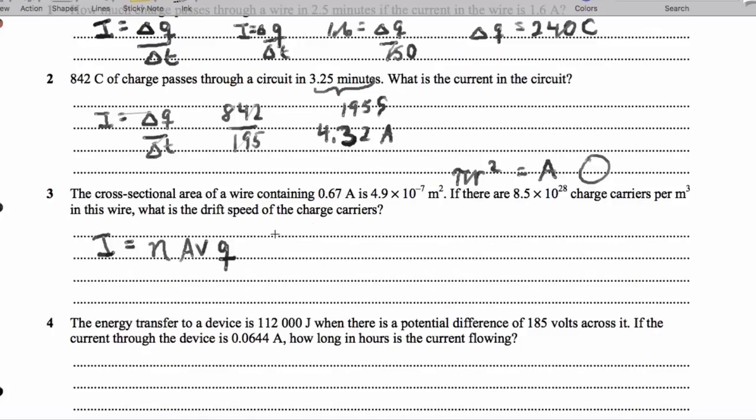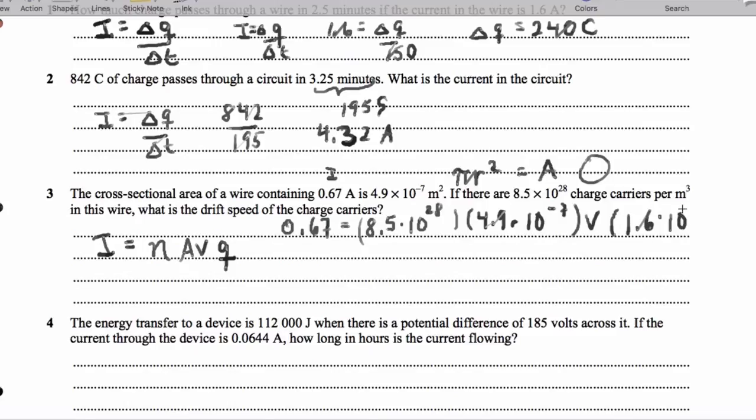So here we're basically going to say, all right, we got 0.67 amps. That's the current. We've got 8.5 times 10 to the 28th charge carriers per unit volume. Our area is 4.9 times 10 to the negative 7th. We don't know V, and we know that Q is the charge of an electron, which is 1.6 times 10 to the negative 19th. And so we can go ahead and get V from all those numbers.